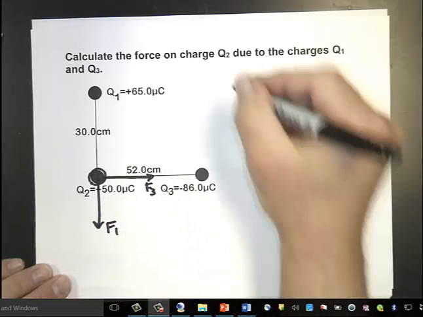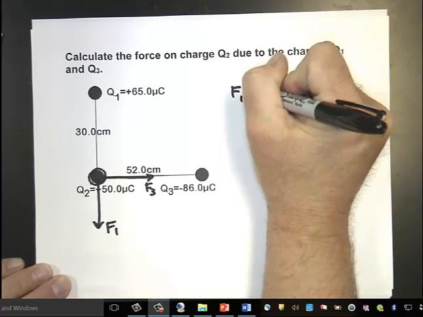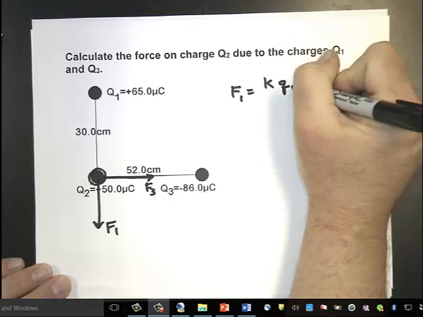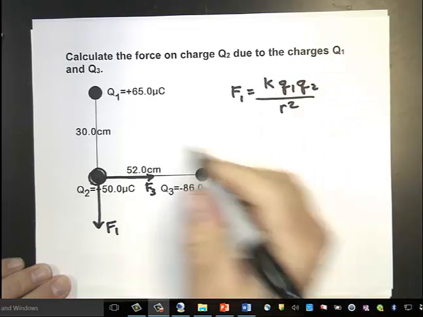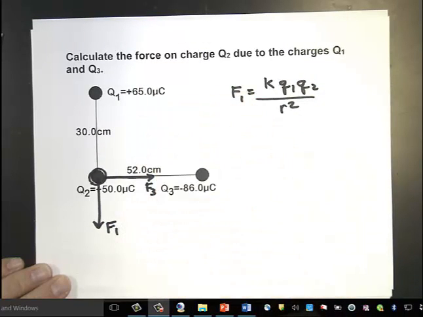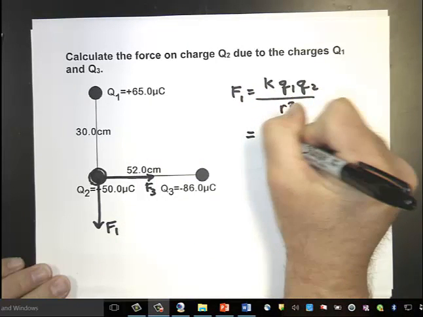Okay, so let's say I do my force 1, K, Q1, Q2 over R squared. Okay, distance between them is 0.3 meters. Q1, Q2 we know. We punch it out, we get 325 newtons.